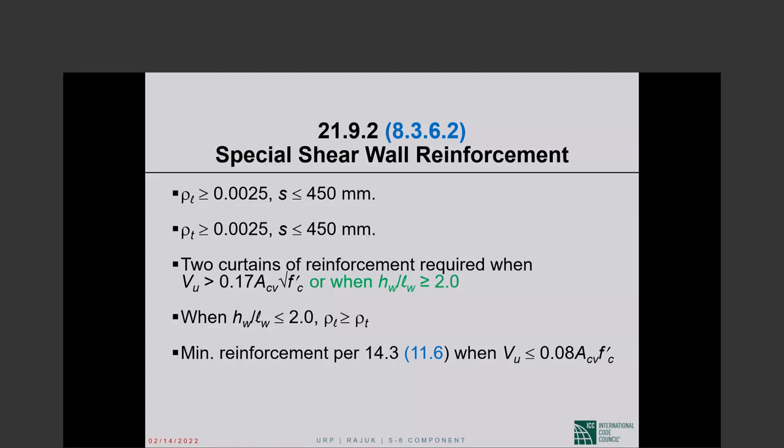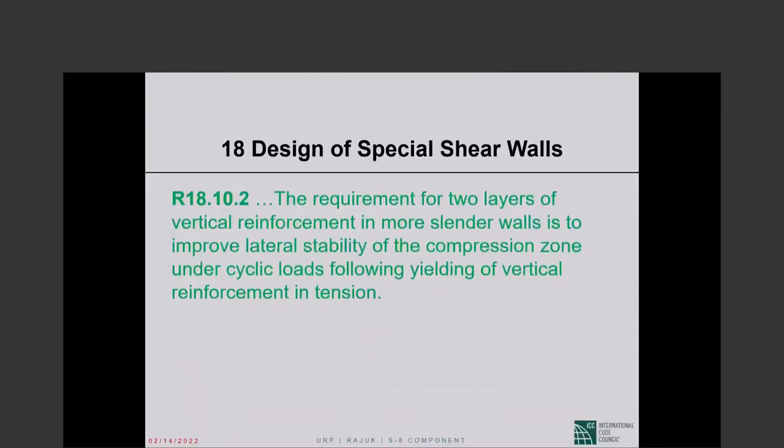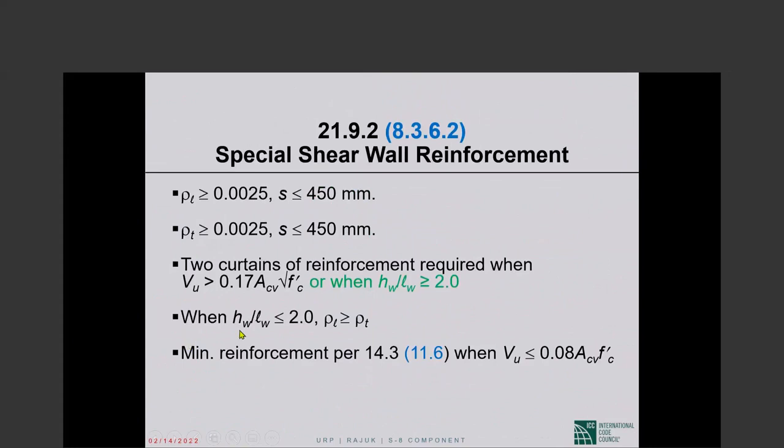Okay, so if the shear is very low, then the minimum of 0.25% can be reduced, can be relaxed. This is the ACI 318.14 requirement. This is the commentary on the requirement that I showed you, that all walls that have height to length ratio larger than or equal to 2, irrespective of how much shear is imposed on the wall, shall have two layers of reinforcement.